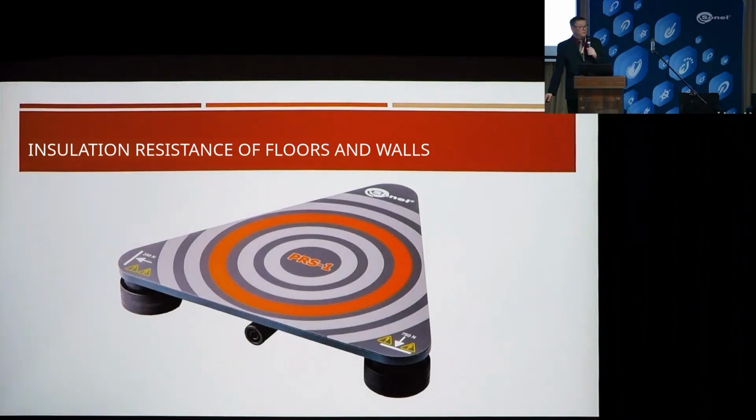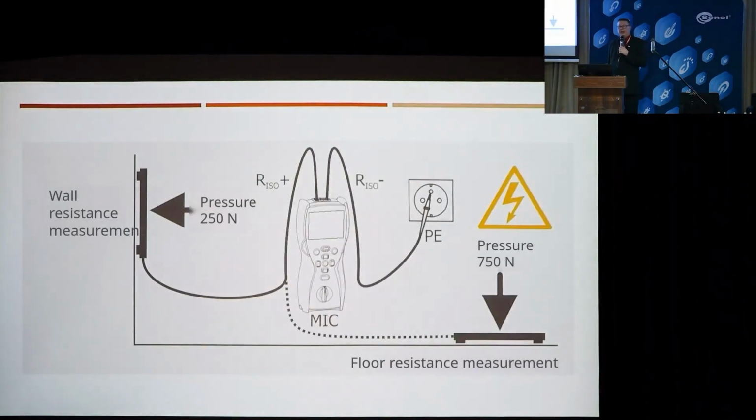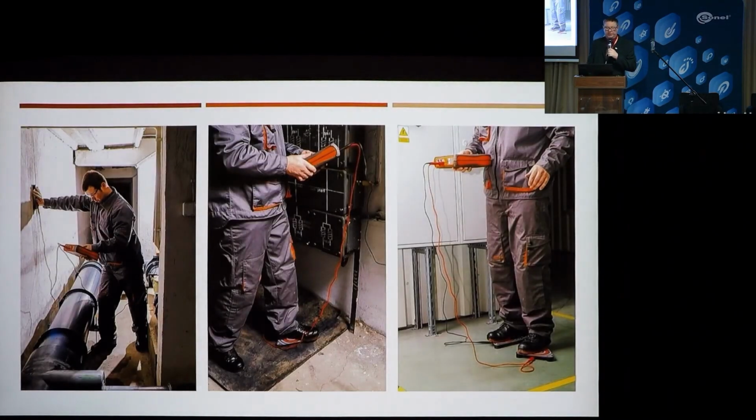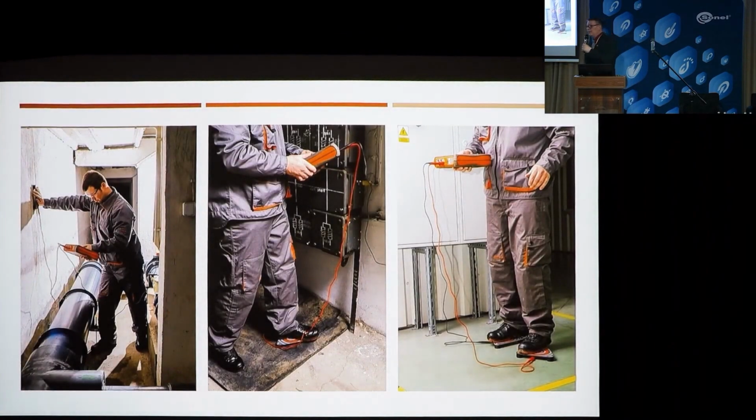Where else do we measure insulation resistance? We can measure the insulation resistance of floors and walls. Yes. Or a wall or a floor to assess whether it is an extraneous conductive part or not. You can see our colleague here too, somewhere among us from this photo.